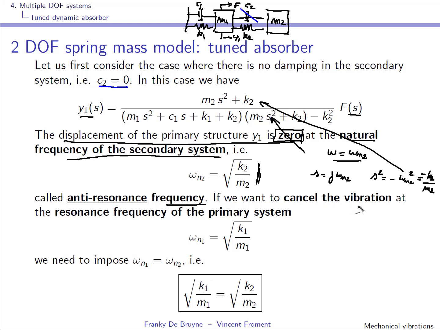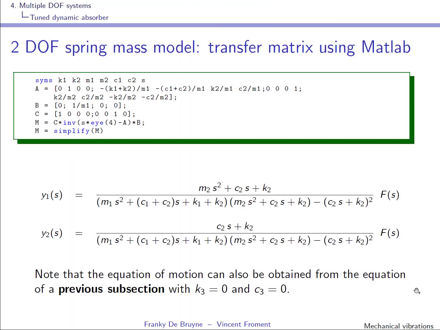If we want to cancel out the vibration at the resonance of the primary system, we should adjust this one and this one. So we need to impose that the natural frequency of the second mass spring system is adjusted to that of the first mass spring system, by adjusting their two natural frequencies, and this gives you this equation.